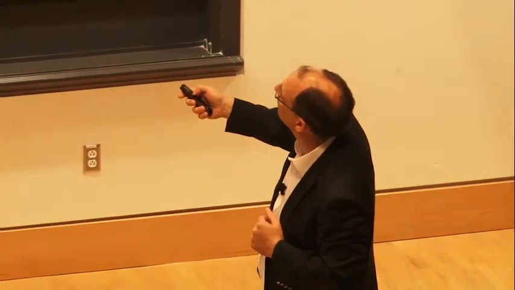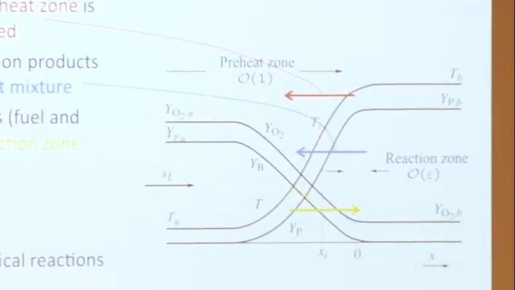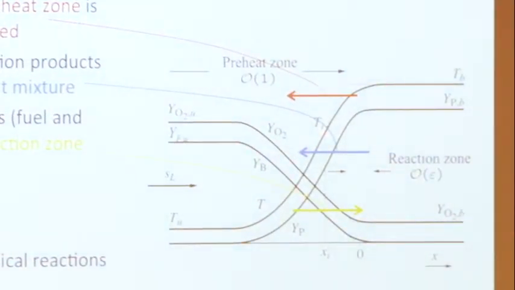Let me go back. This is a crucial point now. I have the temperature gradient computed from the analysis of the preheat region at this point, and I have the temperature gradient computed from the burnt region at this point. Okay? They have to be the same, right?